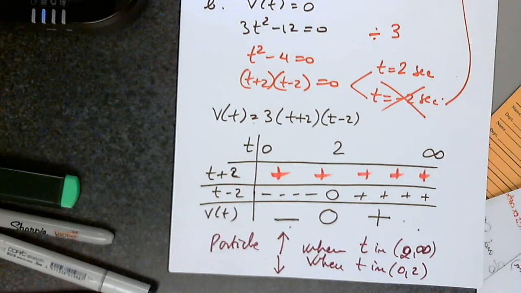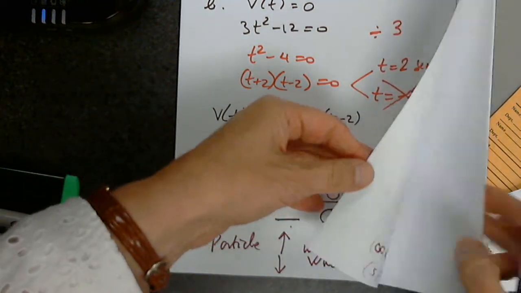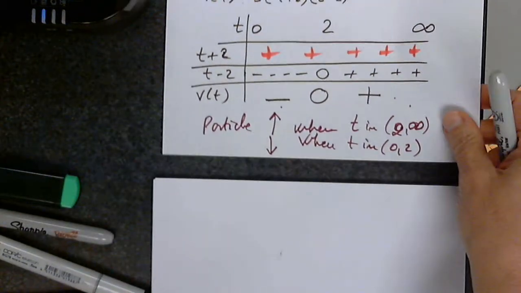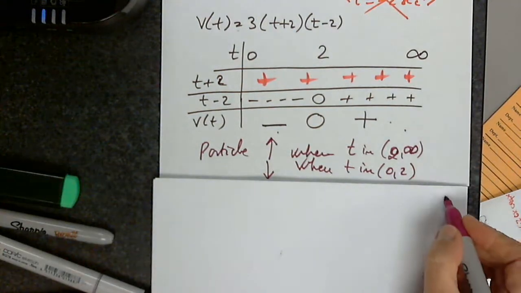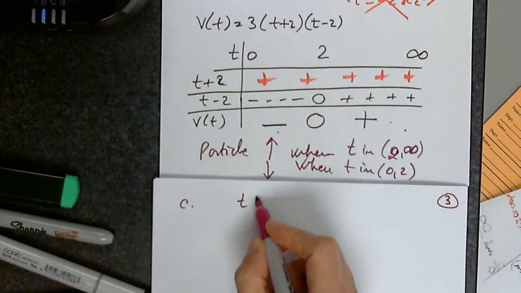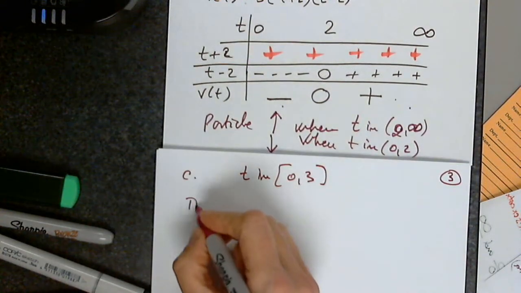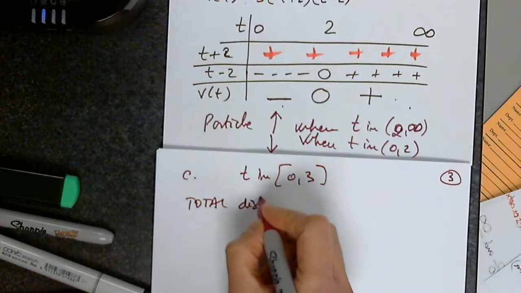Any questions? Find the distance that the particle travels in the time interval 0 to 3. So that's our part C. So for the interval 0 to 3, we're asked to find the total distance.